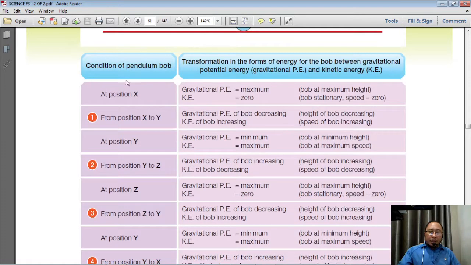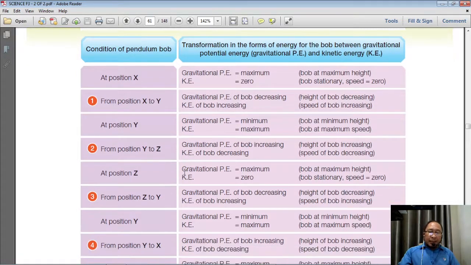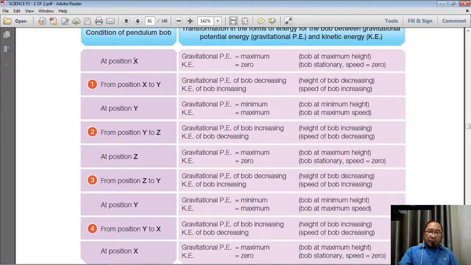So the condition of the pendulum bob at different situations, and what is the transformation in the form of energy for the bob between gravitational potential energy and kinetic energy. You can read from here.